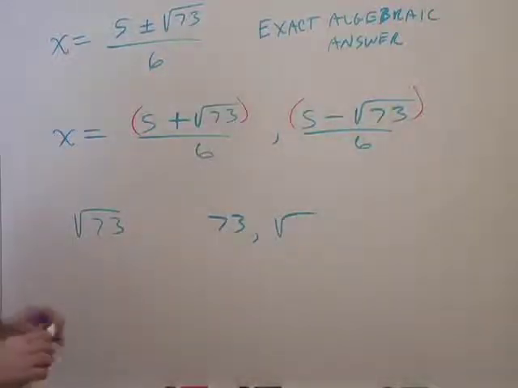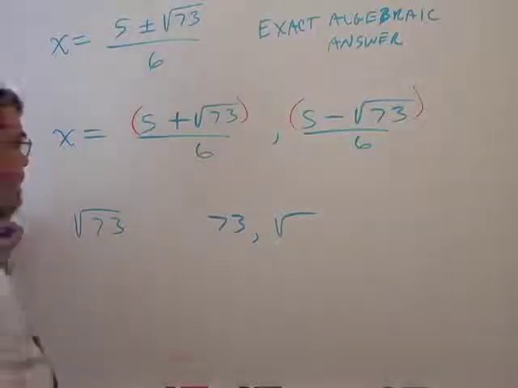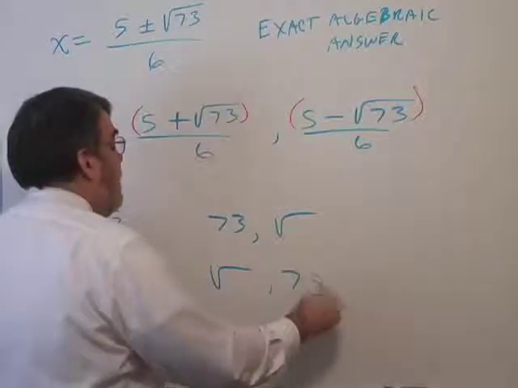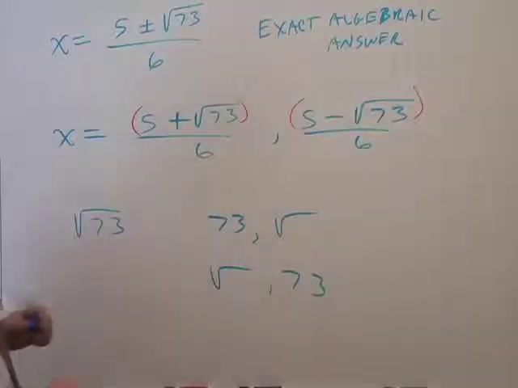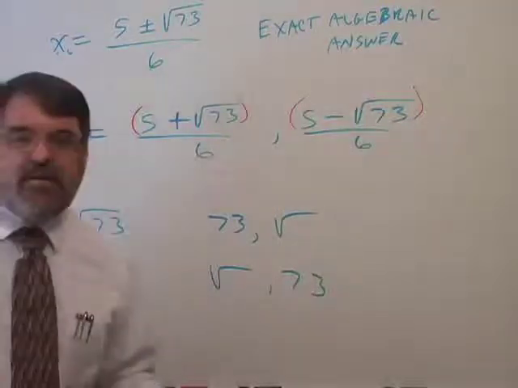However, some of the more recent, more sophisticated models, and I think every graphing calculator, you would punch in square root followed by 73 to do that calculation. So you need to learn which is which.